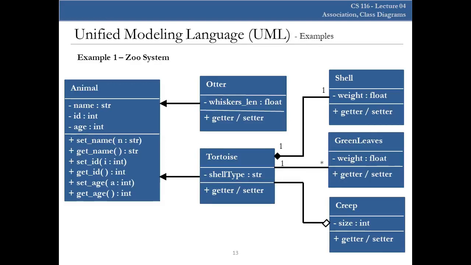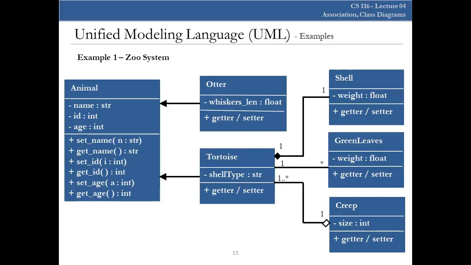So this hollow head points towards creep. And what could be the cardinality here? One creep can have as many tortoises as there can be, right? A creep could have one tortoise or more than one tortoise. You can also set it to many, if you don't want just one tortoise to be called a creep.